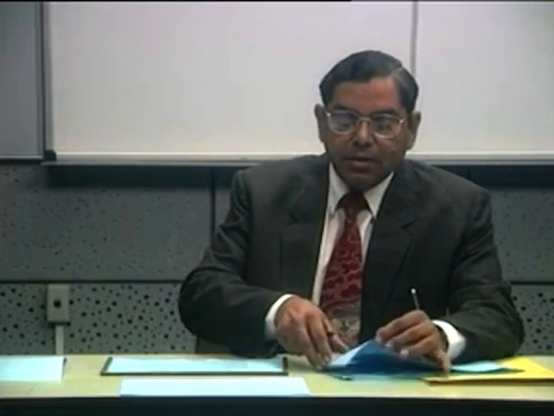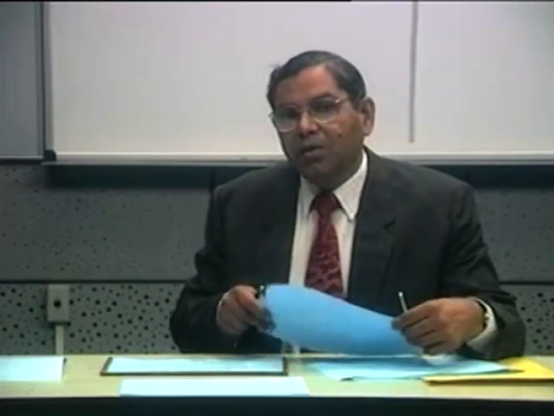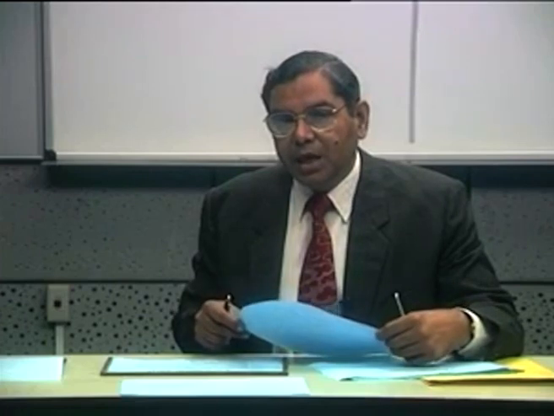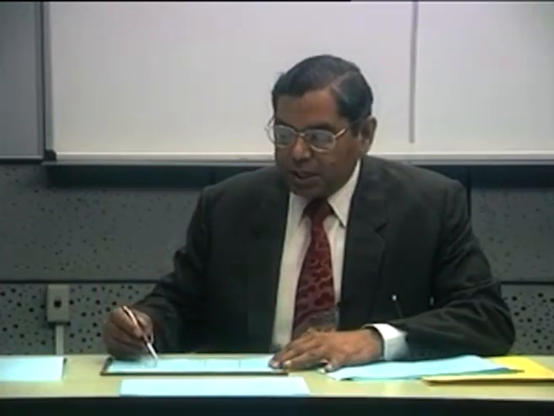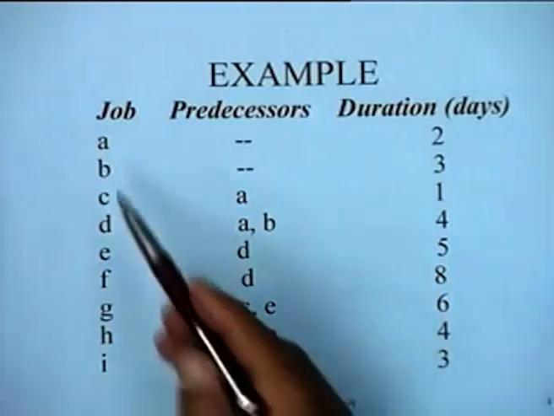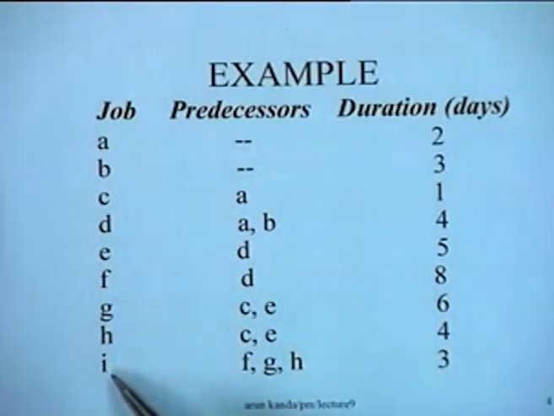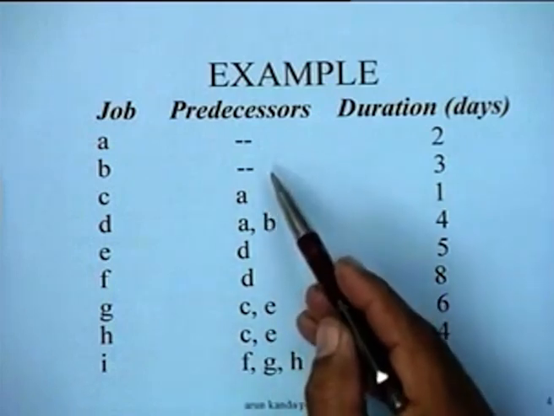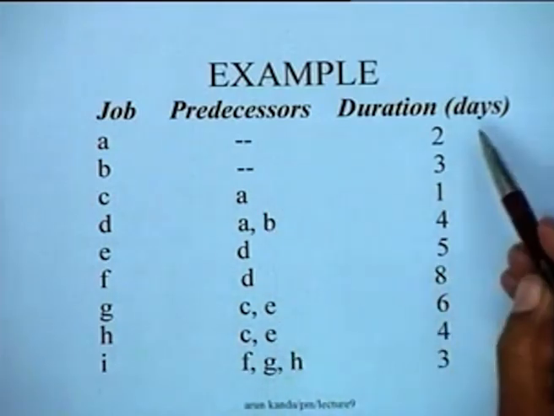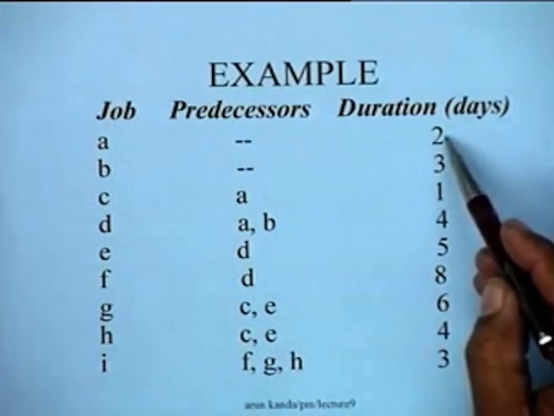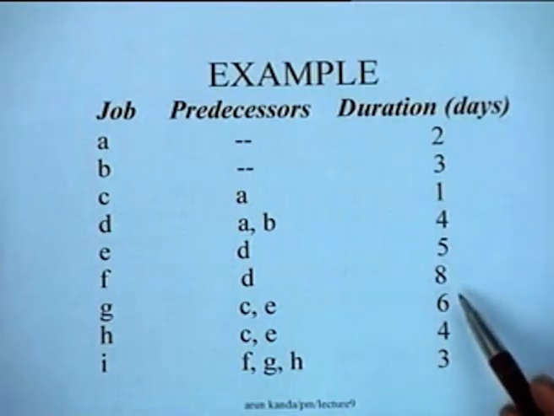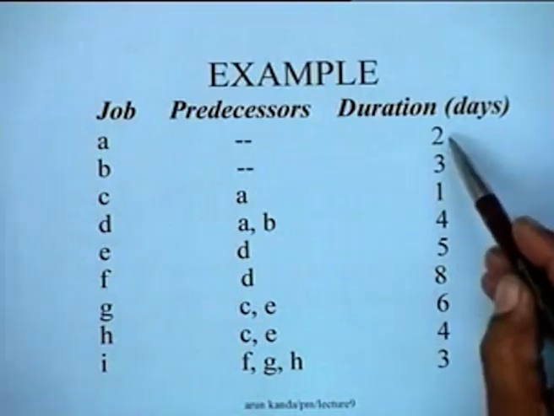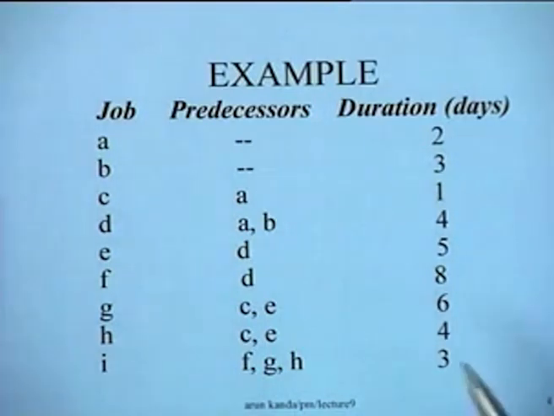Let us now take an example and see how scheduling can be done with AON networks. So here is a project which has this job description. This is the predecessor set, and the durations in days for each of the jobs A, B, C, D, E, F, G, H, I are given as shown here.